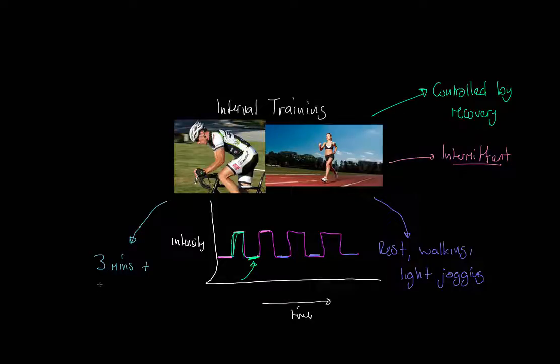So 3 minutes minimum. We can also say that that's about 1,000 meters for good quality athletes running. So a 1,000 meter run minimum, and we might be talking about something like a 200 meter swim as a minimum work period with an aerobic interval.